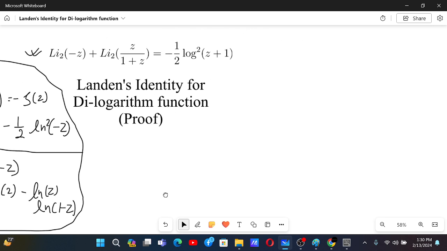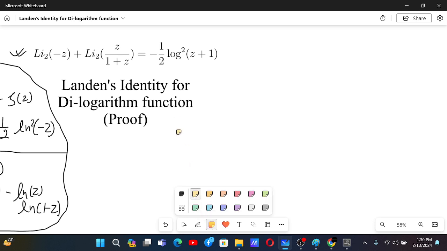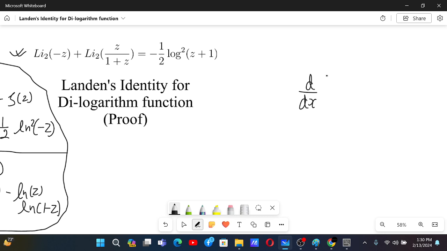To prove this identity we are going to use the Leibniz rule, which states that if I have a derivative of f of x, and I integrate this from 0 to x, I will basically get f of x itself.